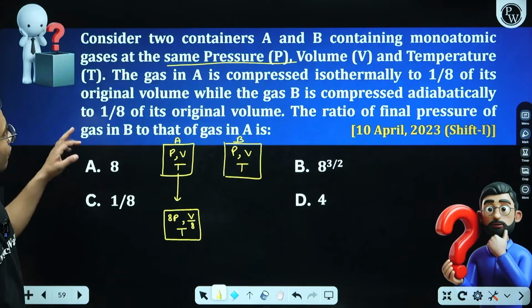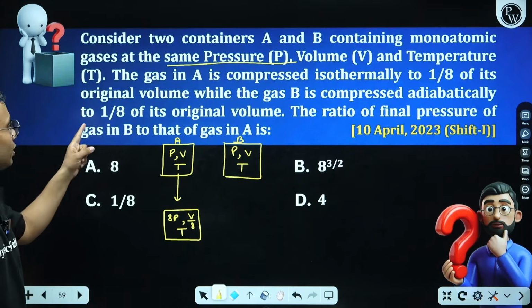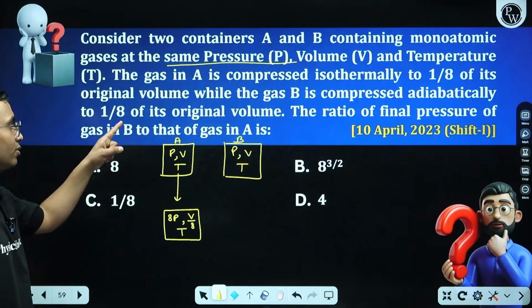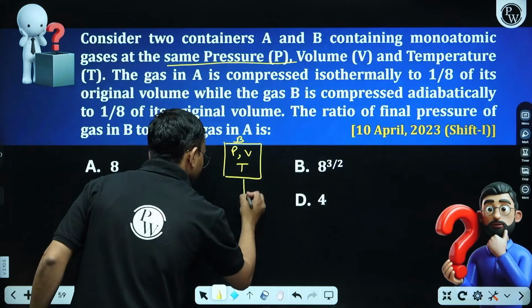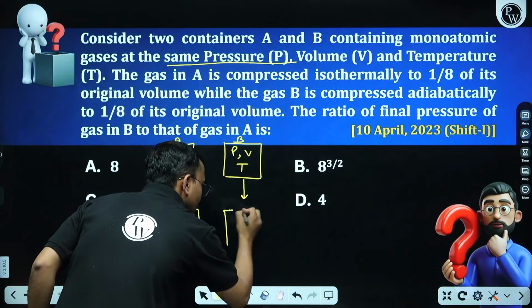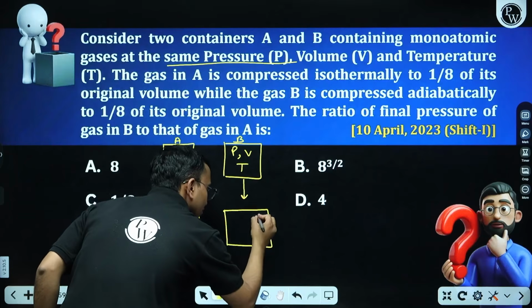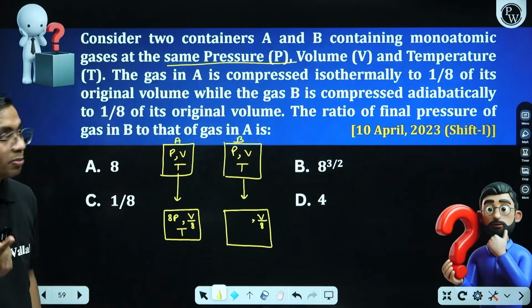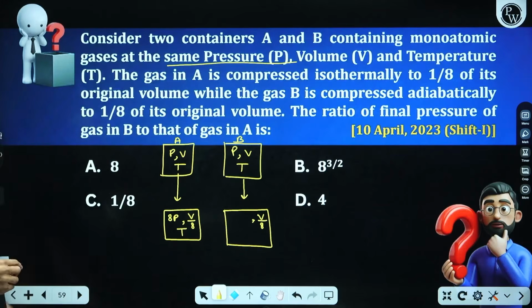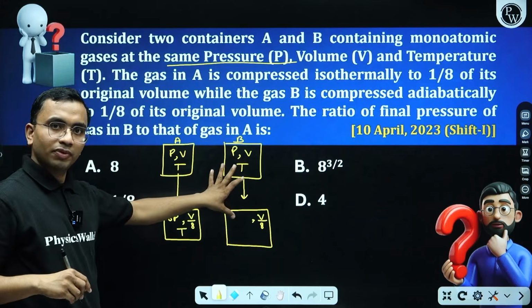While B is compressed adiabatically to 1/8 of its original volume. Here also the volume is V/8, but it is adiabatic, so PV to the power gamma is constant. The ratio of final pressures: now here I am applying PV to the power gamma is constant.